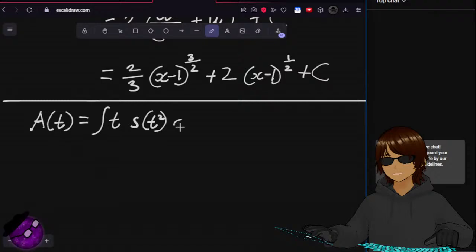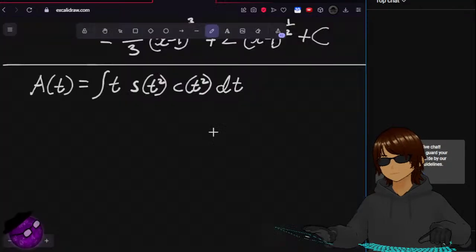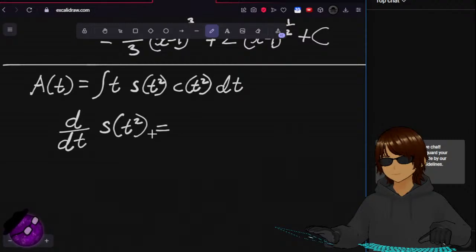t square cos t square. Derivative of sine t square is equal to the derivative of the outside, which is cos t square, times the derivative of the inside, which is 2t.